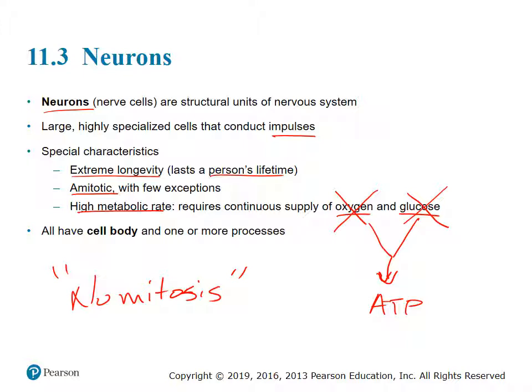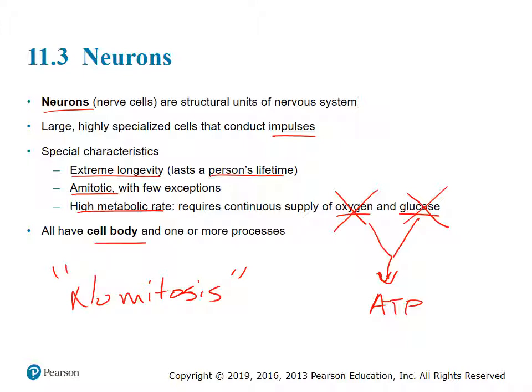That's what you see when you starve your body of oxygen, or starve yourself of glucose. Those neurons are telling you, hey, we need that stuff so we can continue to work.